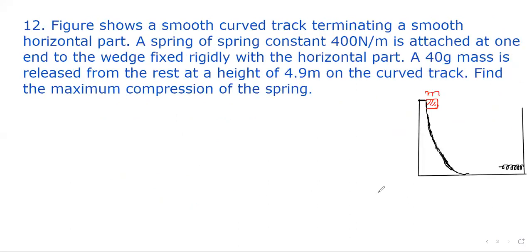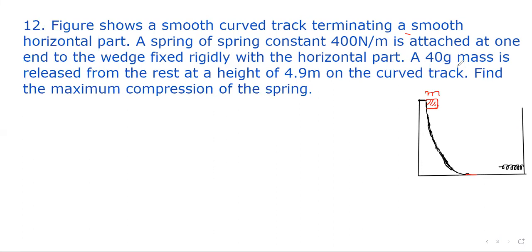Now consider the next question. Figure shows a smooth curved track terminating in a smooth horizontal part. So this is the track. Here it is smooth, and there is a spring whose spring constant is 400 Newton per meter, attached at one end to the wedge, fixed rigidly with the horizontal part.